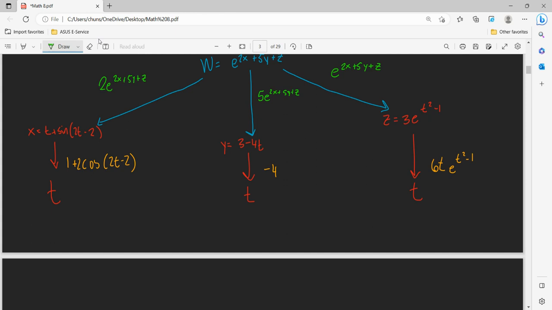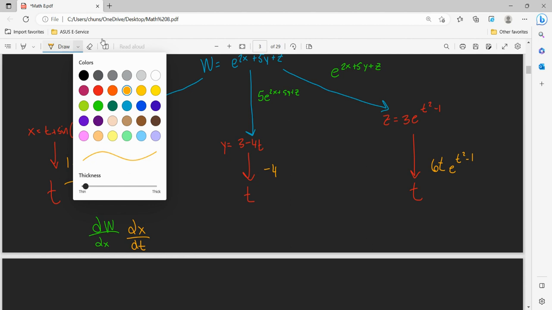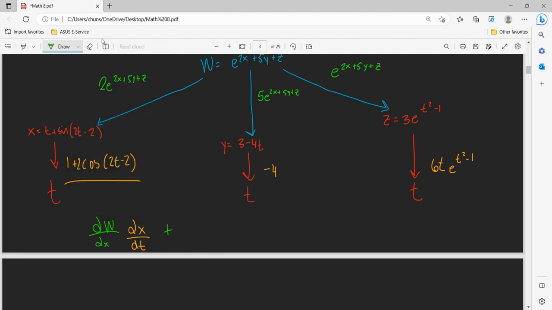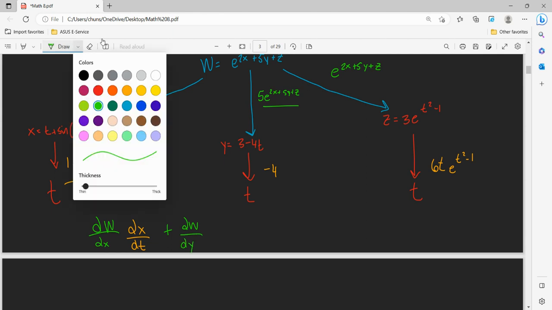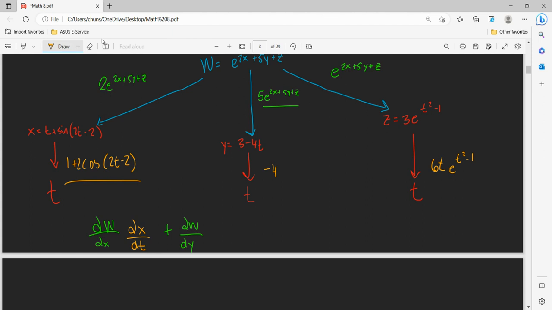So if we started with this branch over here, this is dw over dx in green, and this is multiplied by what we found here. So this is our dx over dt, plus our second branch. So this is w as a function of y derived with respect to y. This is partial derivative of y with respect to t.